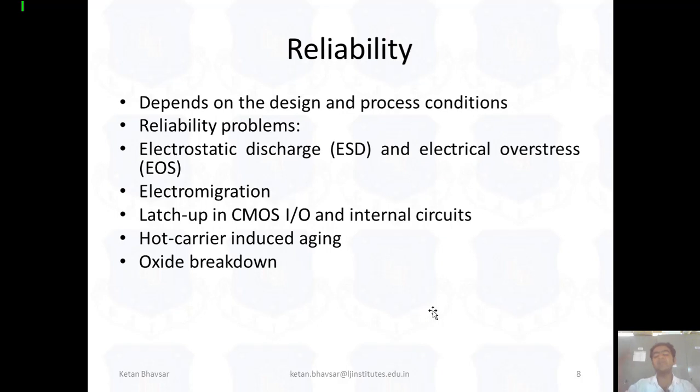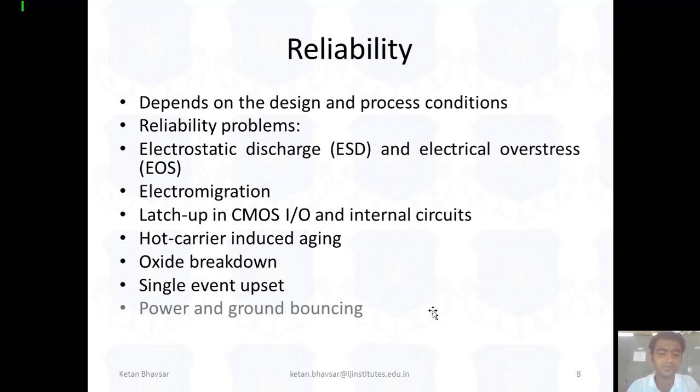Oxide breakdown, in terms of VLSI, we can say is a pinch off point, meaning your component will be damaged. Single event upset means after a single event it is set again, so it does not work for multitasking applications, so it's also a reliability problem, and it also does not work on a handshaking based approach.